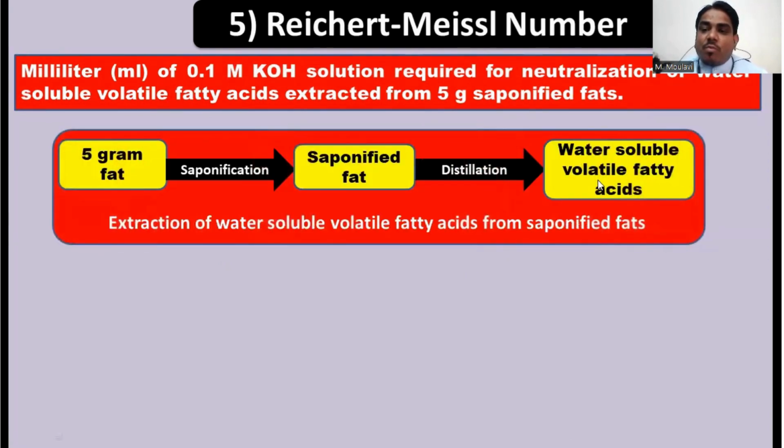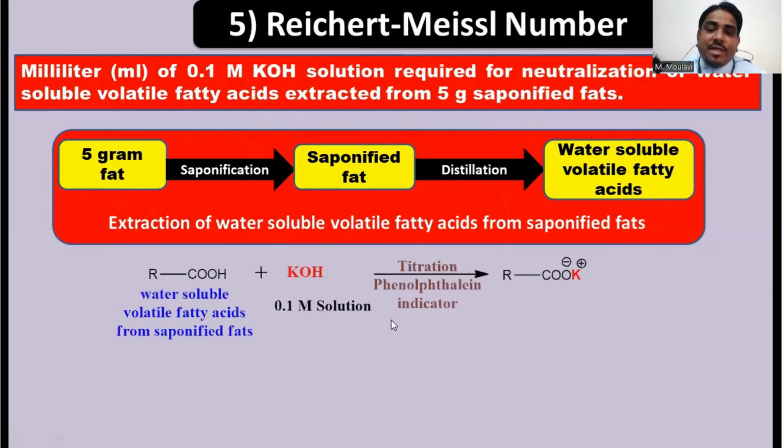This is the extraction of water-soluble volatile fatty acids from the 5 gram of saponified fat, and those water-soluble volatile fatty acids are titrated with 0.1 molar potassium hydroxide solution to form salt. So this is the milliliters of 0.1 molar KOH solution required for the complete neutralization of water-soluble volatile fatty acids from saponified fat.